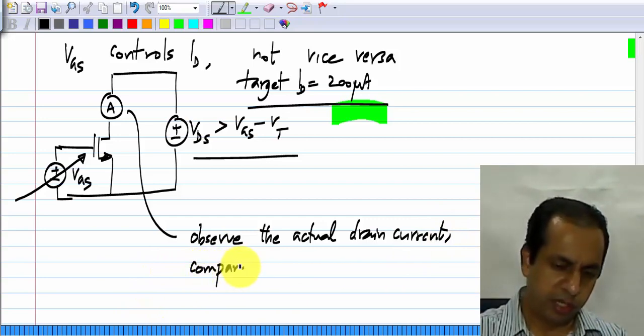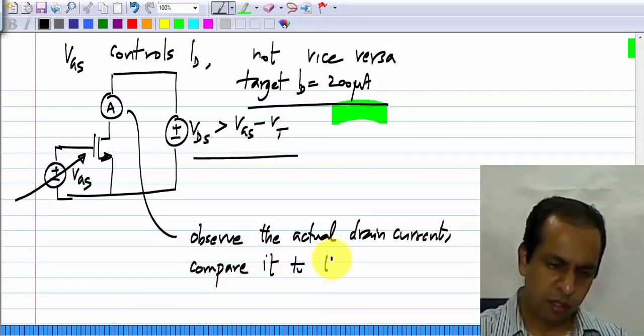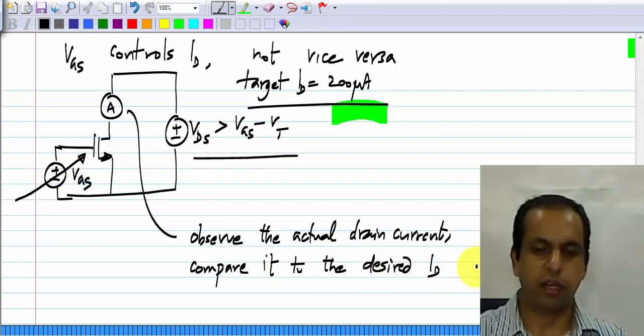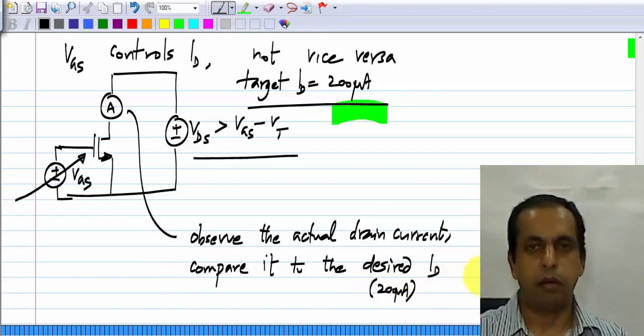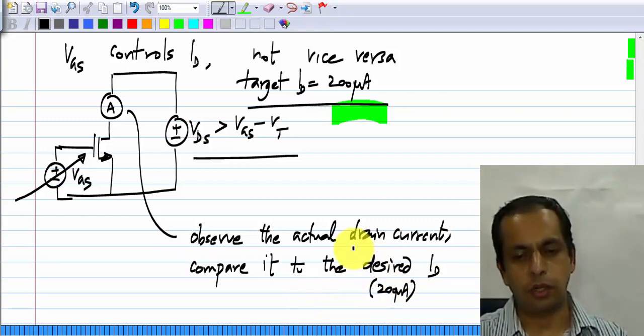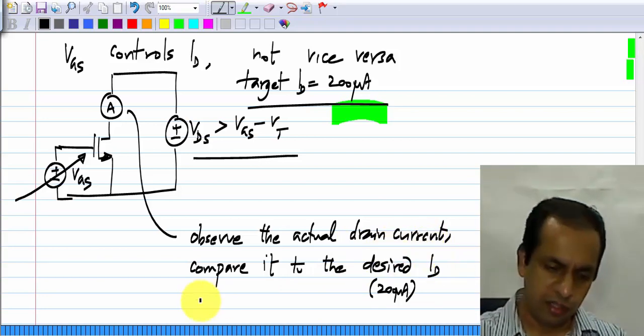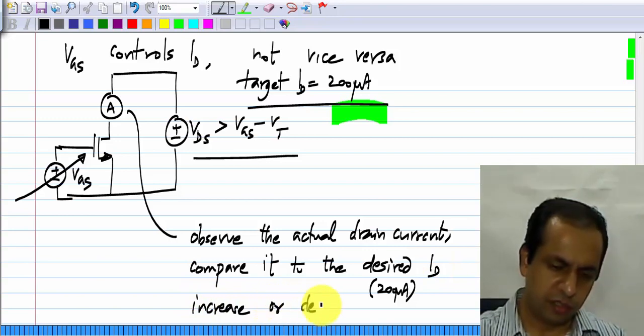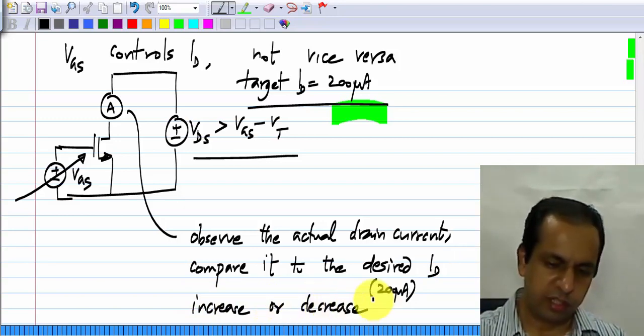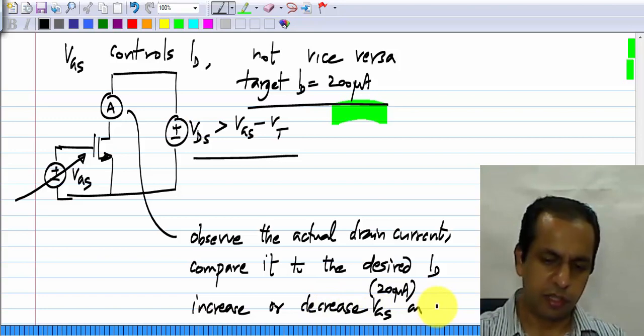I have to compare it to the desired drain current, and in this example this is 200 microamperes, and based on whether the actual drain current is less than or more than the desired drain current, I have to increase or decrease VGS as required.